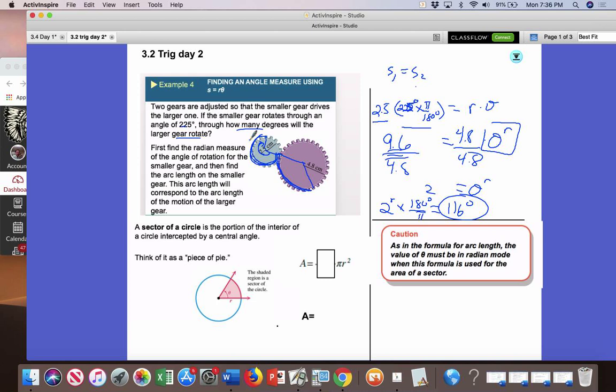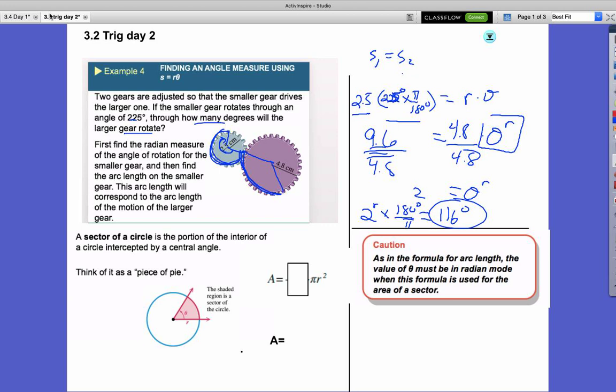Okay, so one other thing here. Let's take a look at one other application here, and that would be area of a sector. So this is a sector, a piece of pie, piece of a circle. Okay, it's a fraction of a circle.